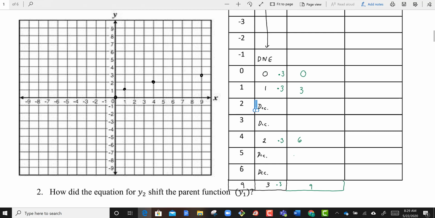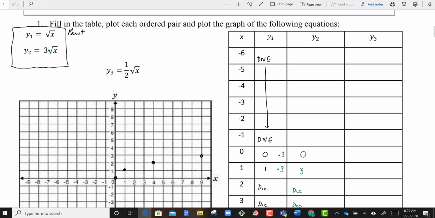And again, the rest of these are still ugly decimals. And we still can't, even if you take the square root of a negative number and then try to multiply by 3, that can't happen. Because taking the square root of the negative number part is where the issue is.